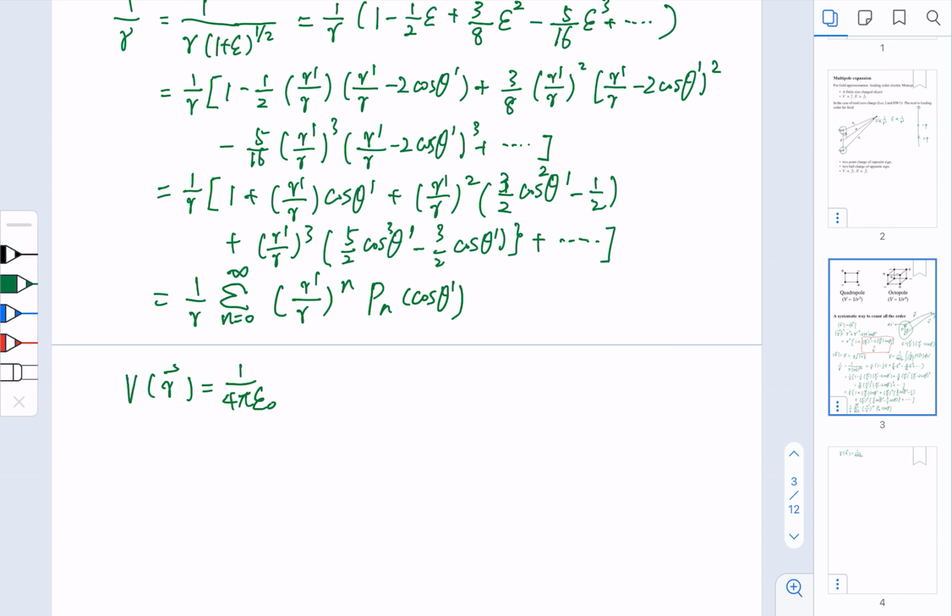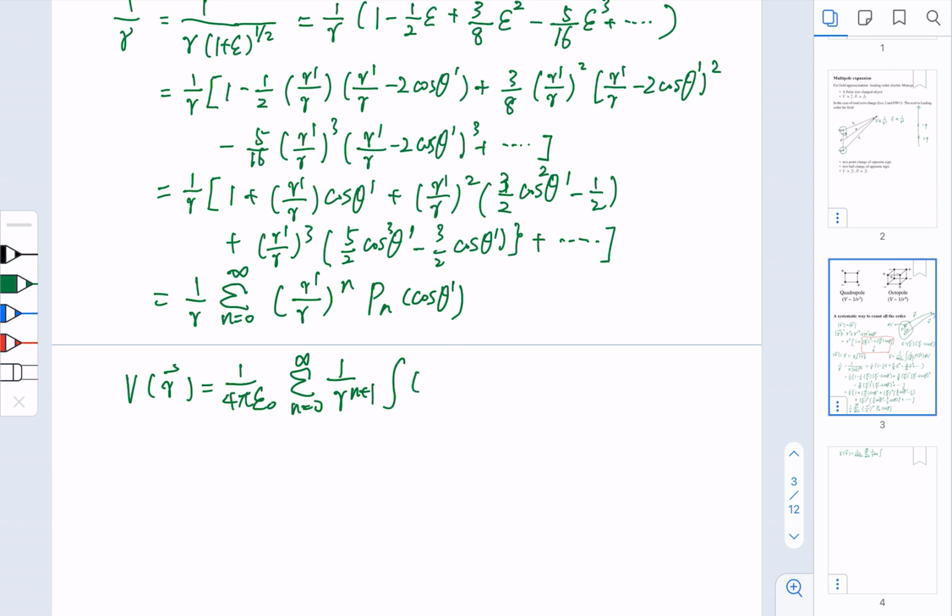And I simply plug in the expression of 1 over curly r, which goes from 0 to infinity. And the power of 1 over r^(n+1) can be put outside of the integral, because we are integrating over r prime, which is the source volume element.